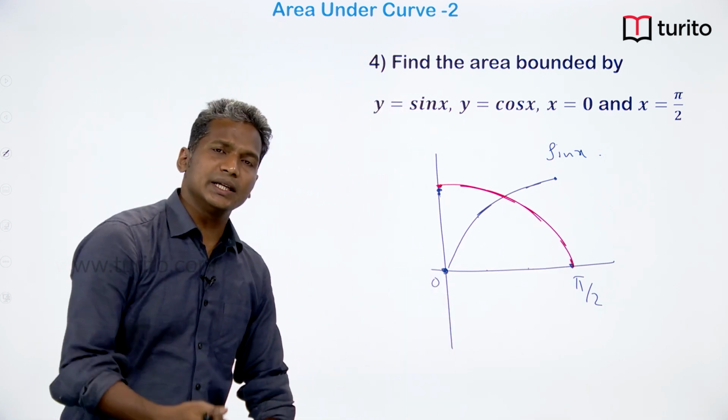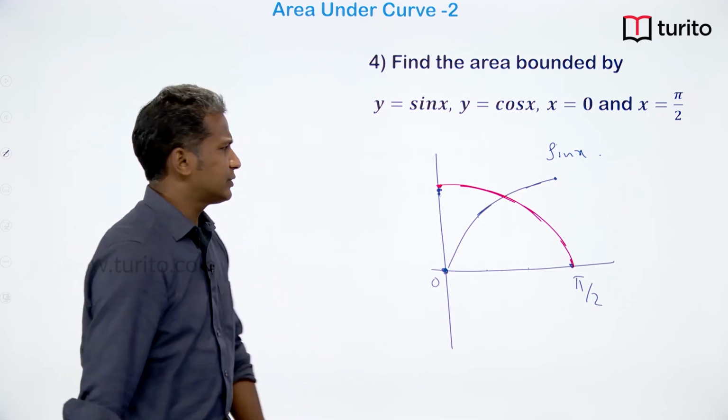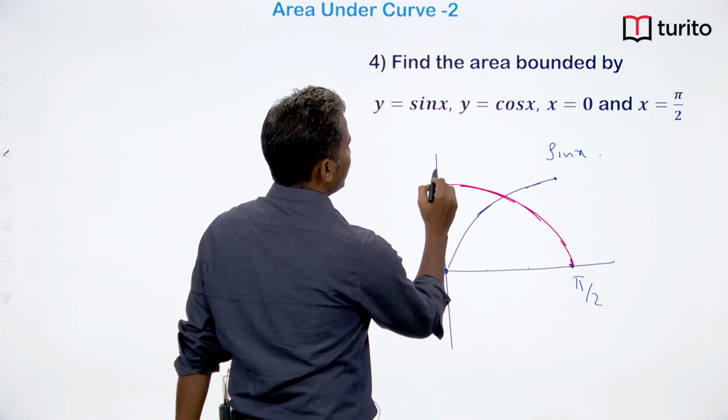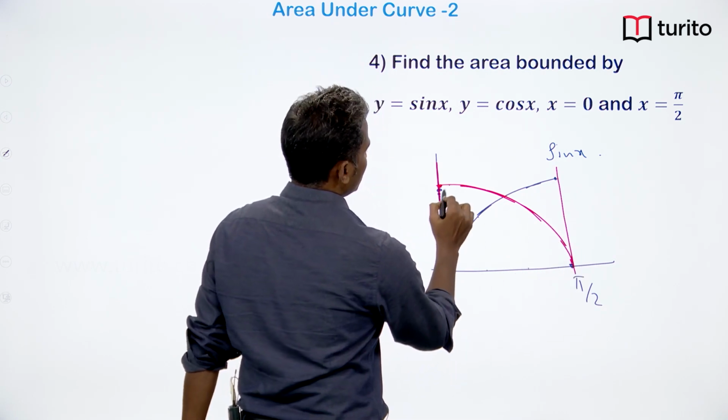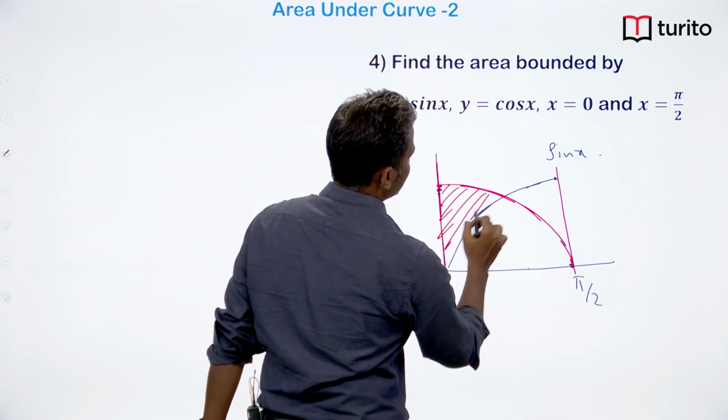And we are interested in area formed by these two curves going from x equal to 0 and x equal to pi by 2. So, that means we are basically interested in this area.